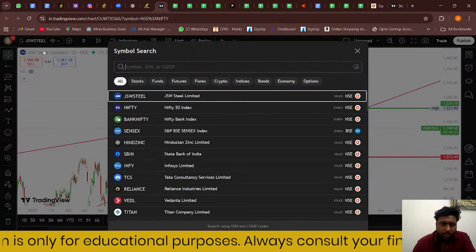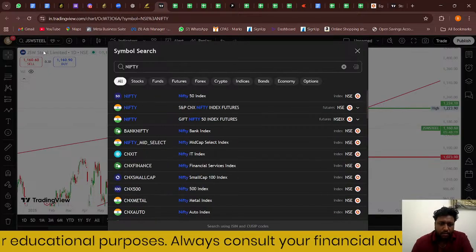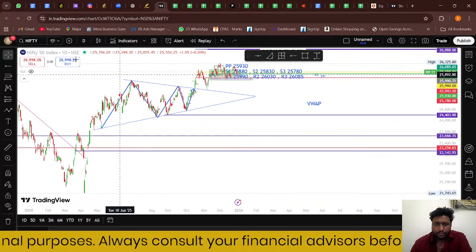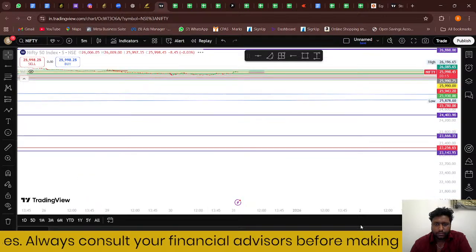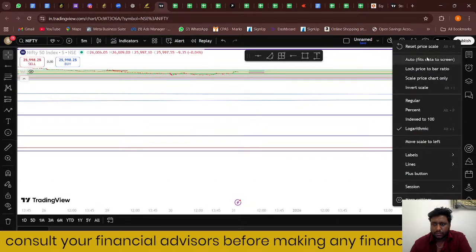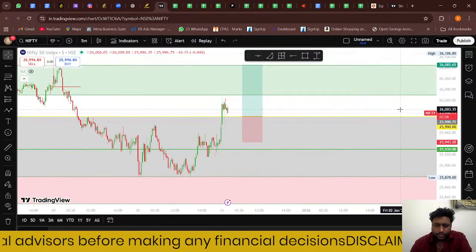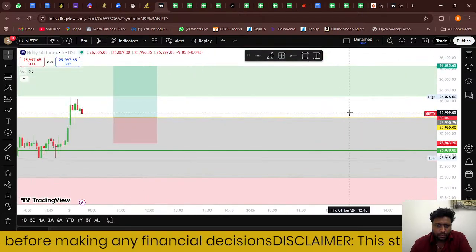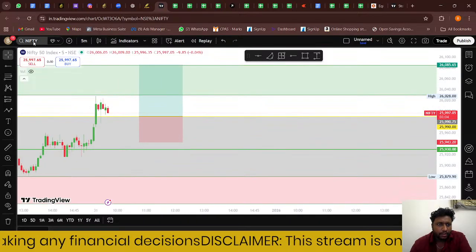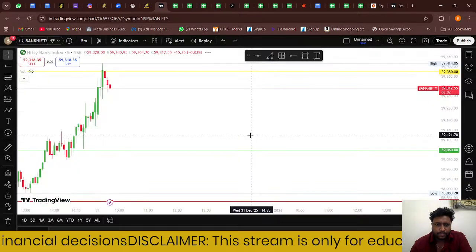Oh, we have Nifty. We still didn't get that retest. We'll properly wait. We'll have a look at Bank Nifty as well.